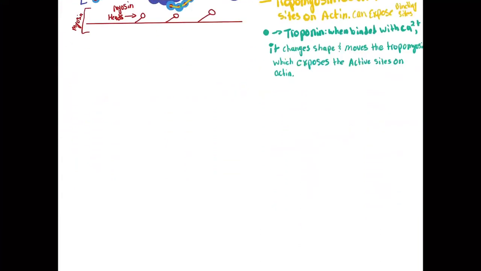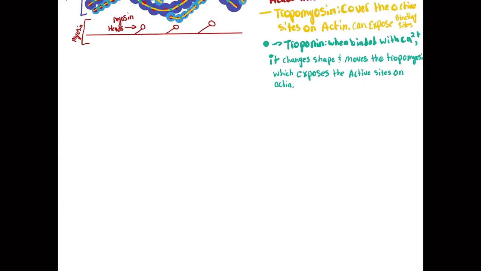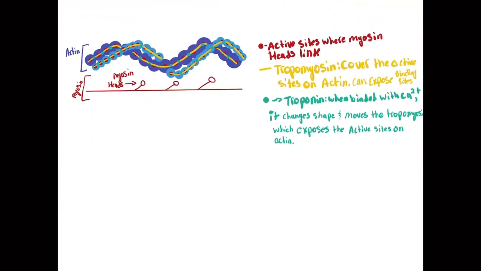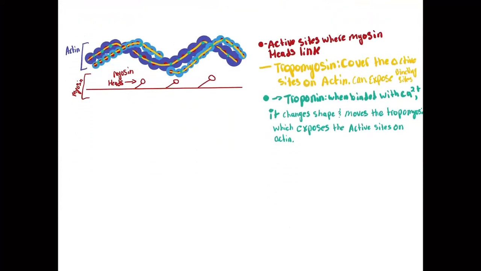So in step 1, we have the cross bridge. Oh, I'm sorry. Before I get to the steps, I want to talk about the ATP, ADP, and the phosphate.